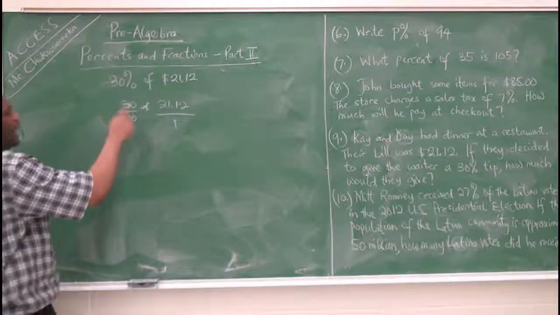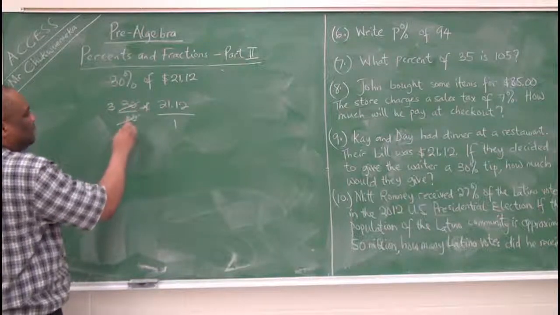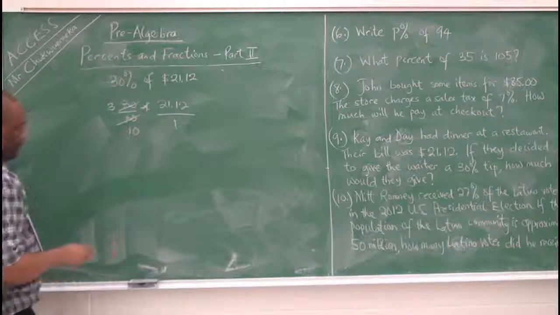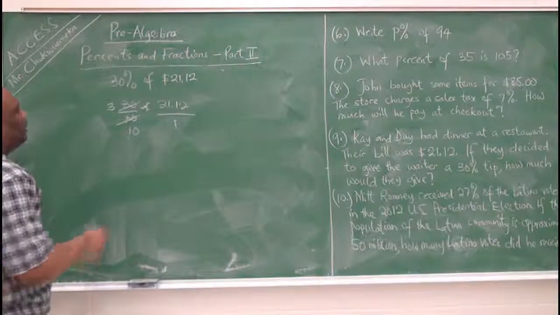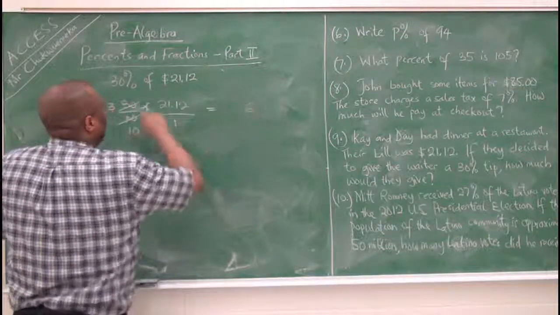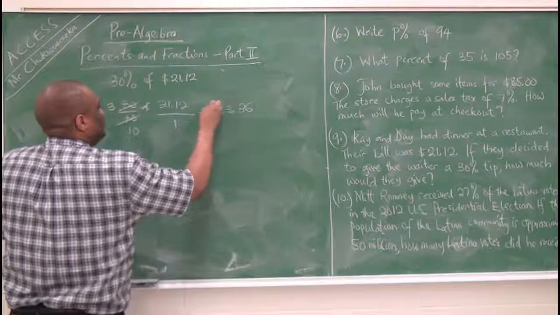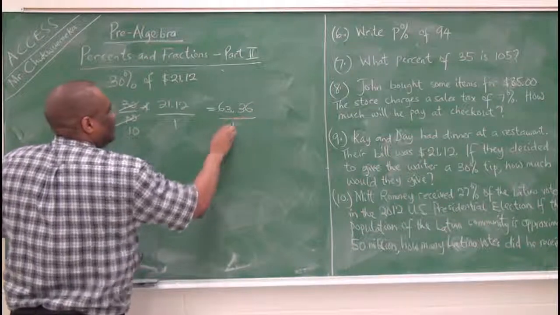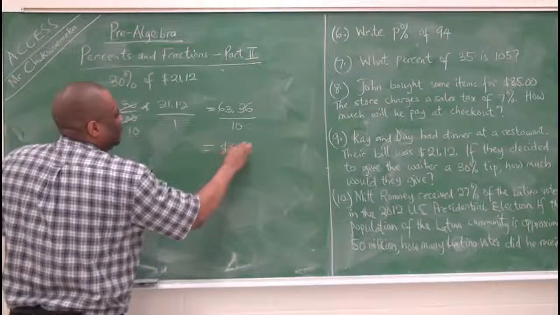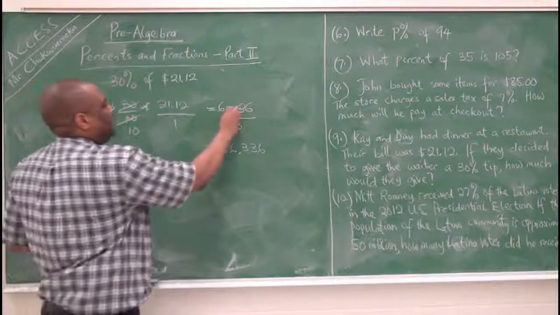So 10 can divide 30 to give us 3. 10 divide 100 to give us 10. Right? So 3 times, we can now multiply this. 3 times 2 here is 6. 3 times 1 is 3. Then 3 times 1 is 3. 3 times 2 is 6. All over 10. And this will give us 6.336 if we divide it by 10.